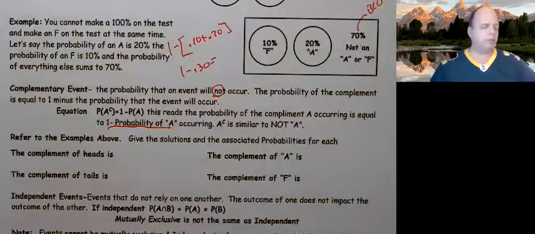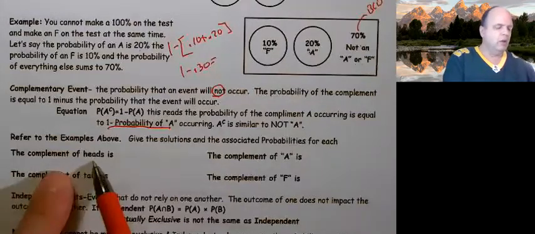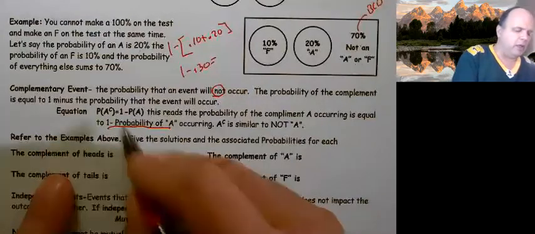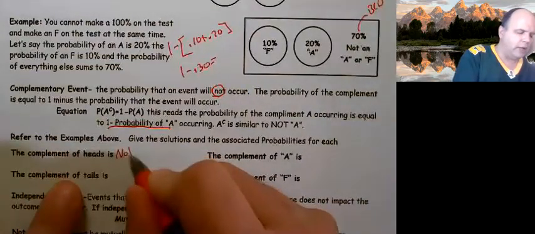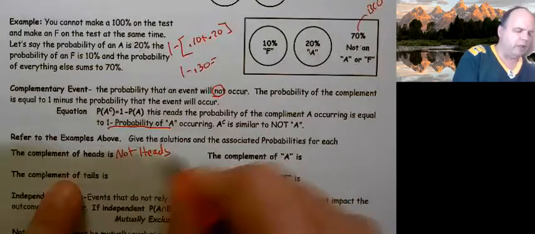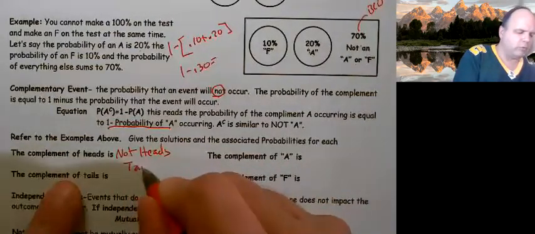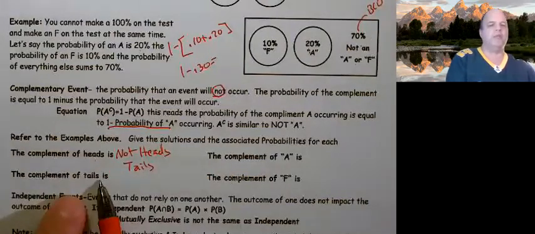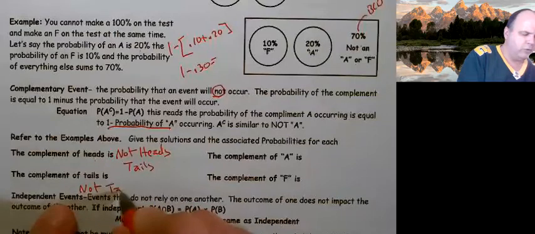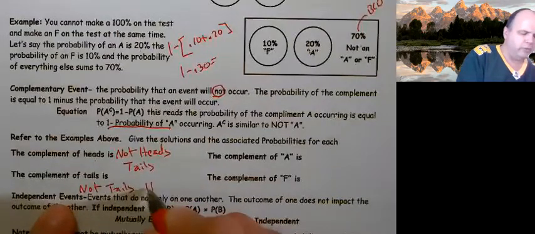Well, 1 minus the probability of A. So looking at our heads up here, the complement of heads would be not heads, all right? Which in this case would be tails. The complement of tails would be not tails, which in this case is heads. All right?